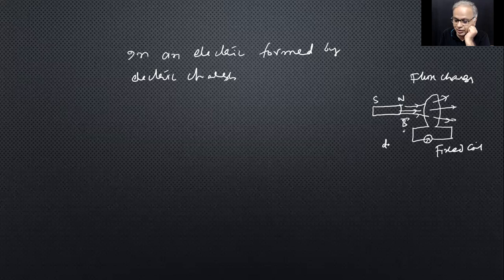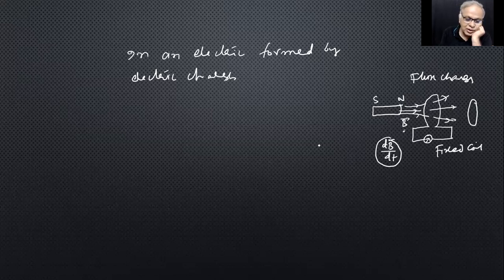That means in mathematical terms, there is one dB by dt. So whenever there is a dB by dt like this, there will be an electric field formed in that region. And that electric field is the one which is sending current in the coil. So that kind of electric fields are not conservative fields. So that's the reason a statement is there in an electric field formed by electric charges.